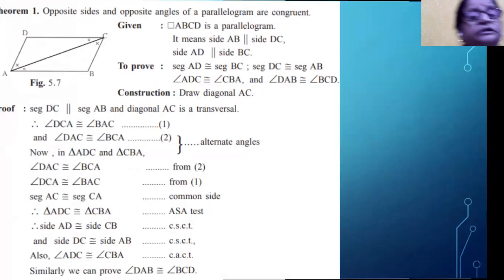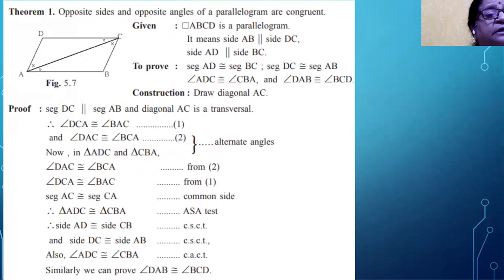And a theorem is given. What is the theorem? Opposite sides and opposite angles of a parallelogram are congruent. This is a parallelogram ABCD, meaning we cannot say any quadrilateral ABCD is a parallelogram.